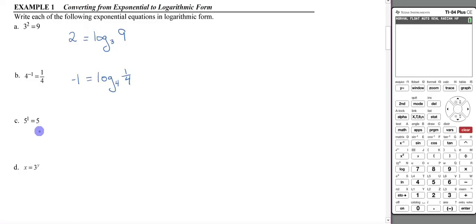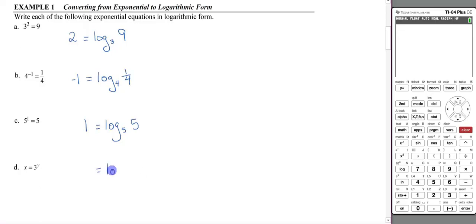Here, 5 to the 1 equals 5. Log. The base is 5. Remember, a log is an exponent. Your exponent from here is 1. The exponent we place on 5 to get 5 is 1.